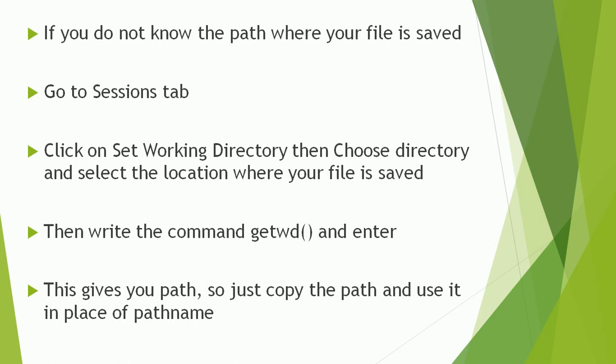When you use the command getwd with parentheses and press enter, it gives the entire path where your files are saved. You can directly copy and paste that path when you are calling the files to be used.